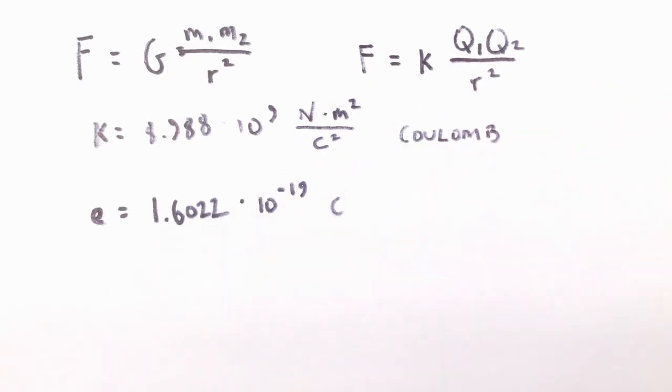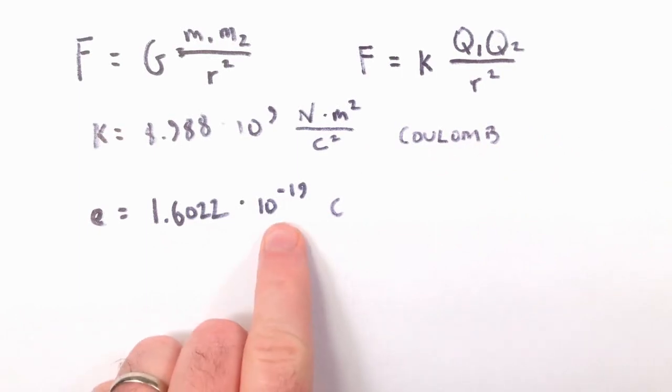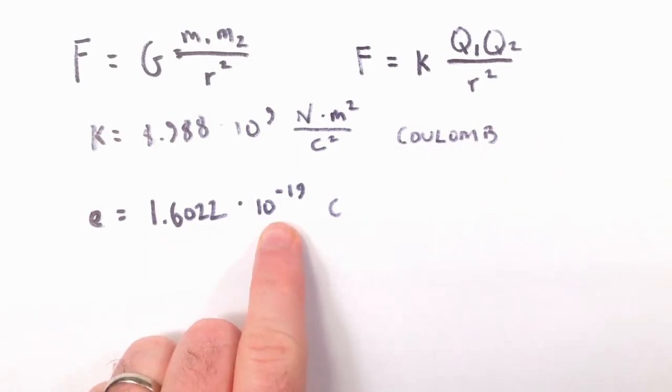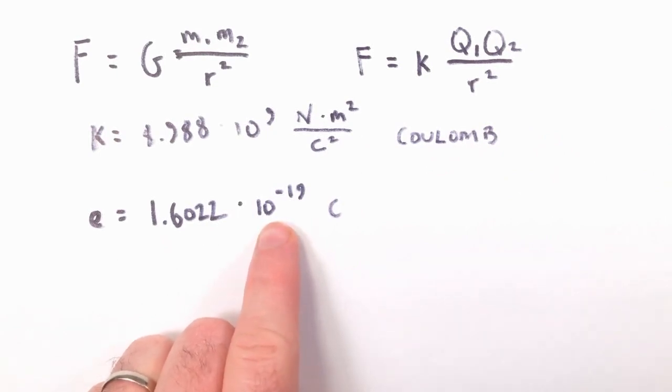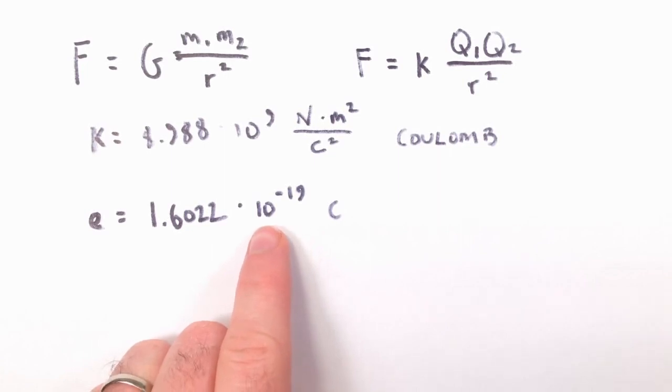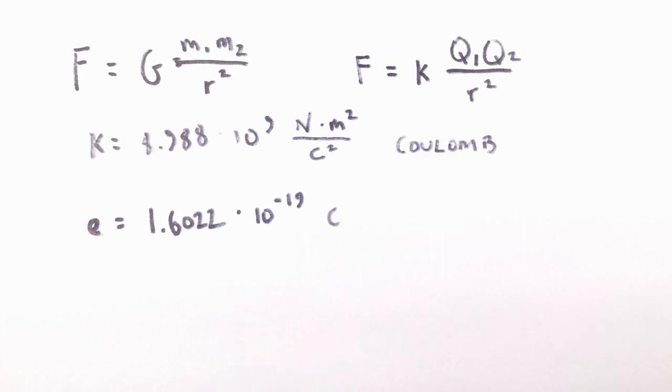Okay, so clearly that is an infinitesimal charge, a very, very small charge that a single electron has. So basically nothing ever has a charge of an entire Coulomb. It's just too much. That's like a million trillion electrons.